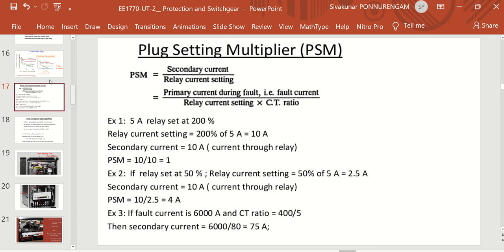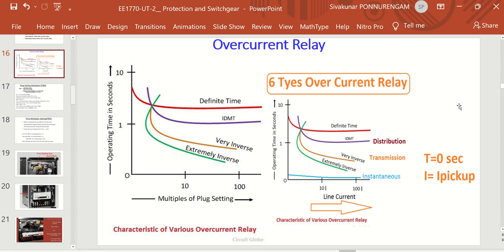Now we are going to see another type of relay, the definite time relay. What is meant by a definite time relay? Here the axis is the plug setting multiplier, and this is the operating time.